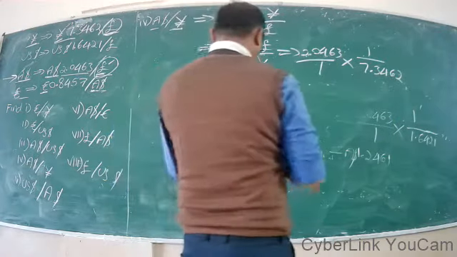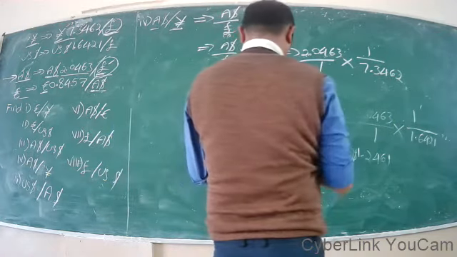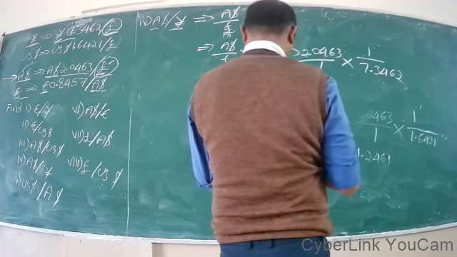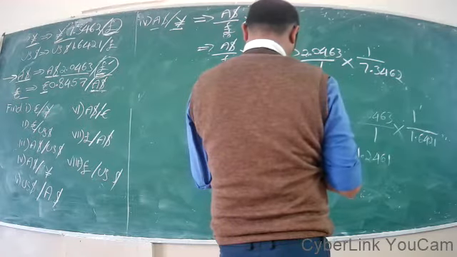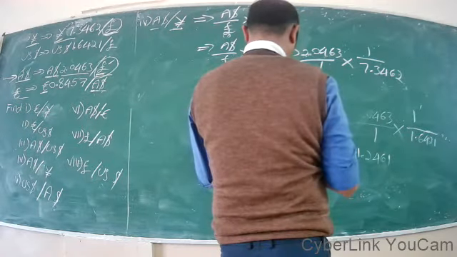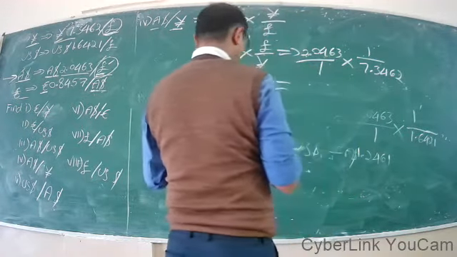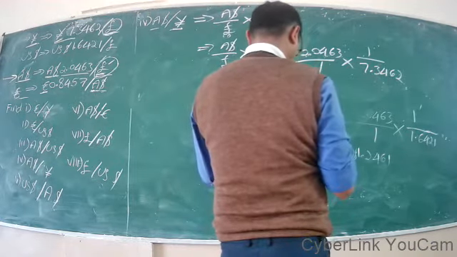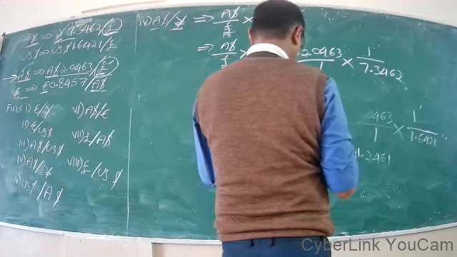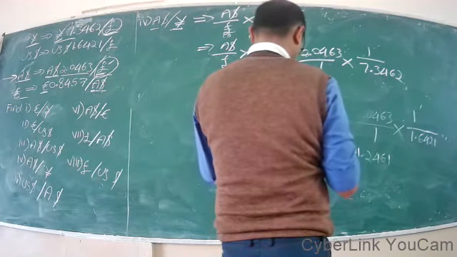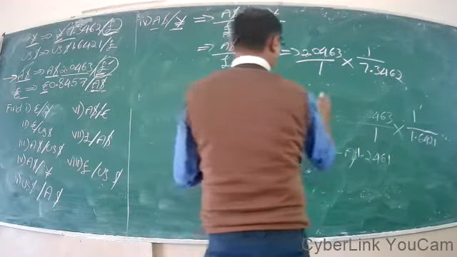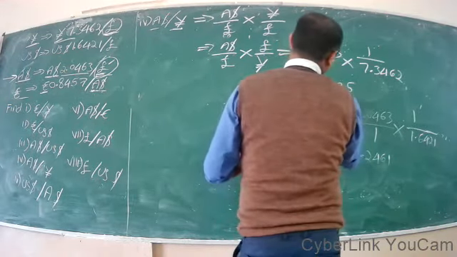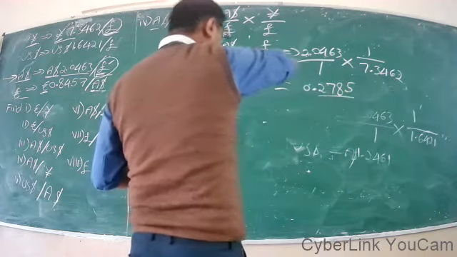Your answer will be 0.2785. We are taking 4 digits as pips in our answer.